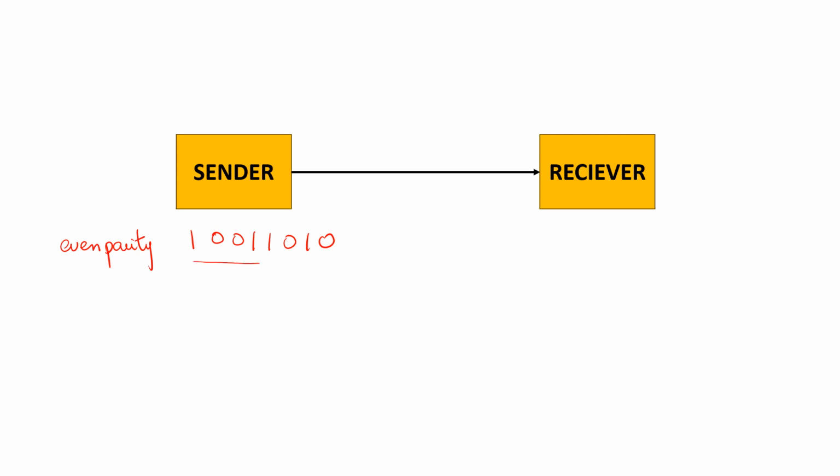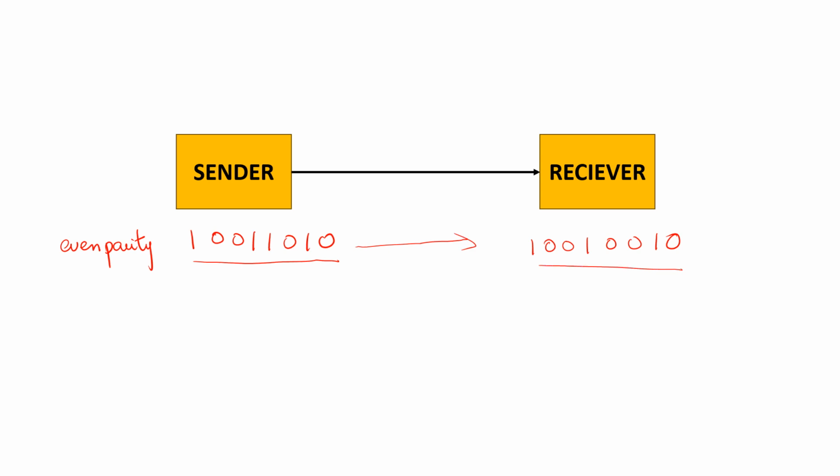So the message sent is this. Suppose the message received at the receiver is 1 0 0 1 0. So this is the message sent from the sender and this is the message received at the receiver.